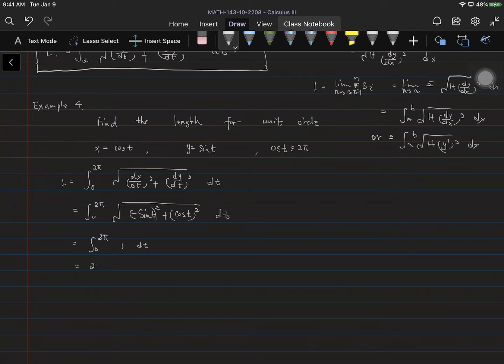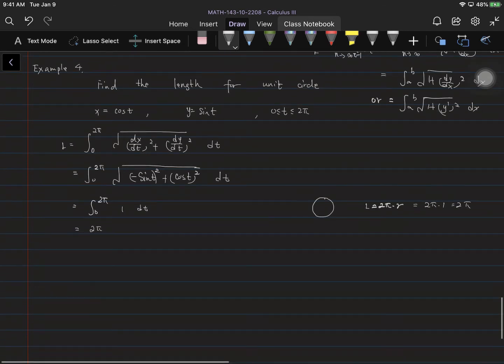And you can see the answer is 2 pi. This is exactly the same as the length of the circle, which is 2 pi r, right? 2 pi r, and for the unit circle r is 1, which is 2 pi. So you can see the unit circle is the basic one.